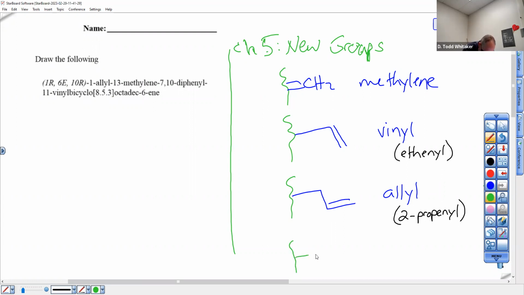And this one is the most common of all because it's found in thousands of pharmaceuticals and real life molecules, and it's called a phenyl. Now, if you're asked to draw a phenyl, you must draw the whole thing right there.